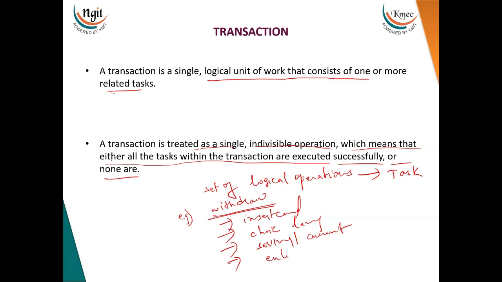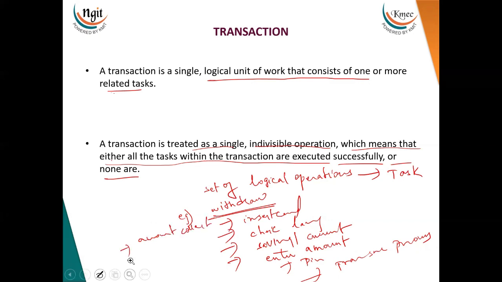Now he needs to enter the amount he wants to withdraw. Once the amount is entered, then it asks for a PIN, the transaction gets initiated, and the transaction is in process. Once the transaction is completed, he has to collect the amount.